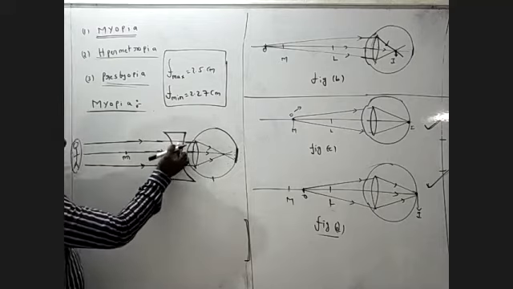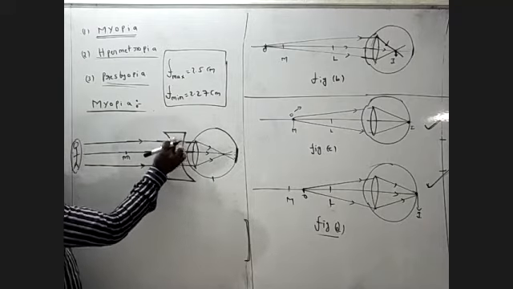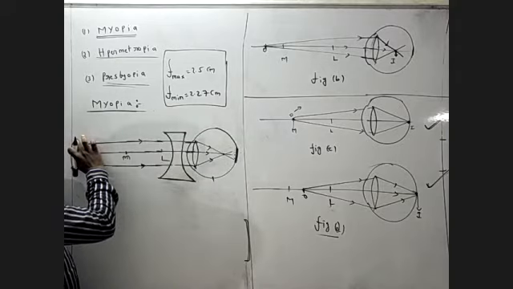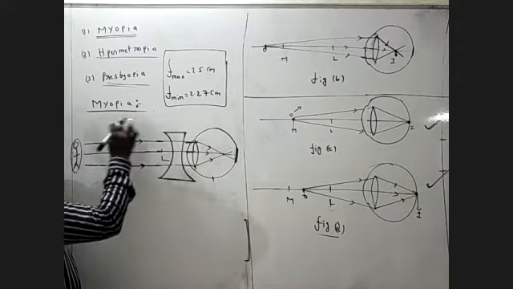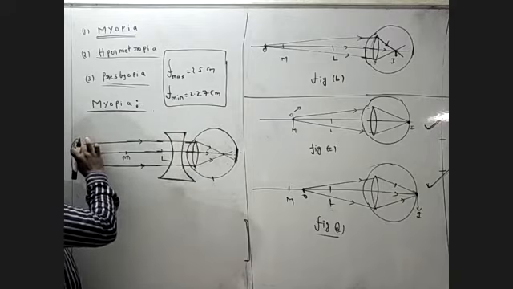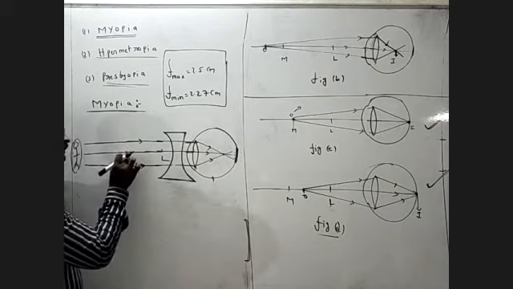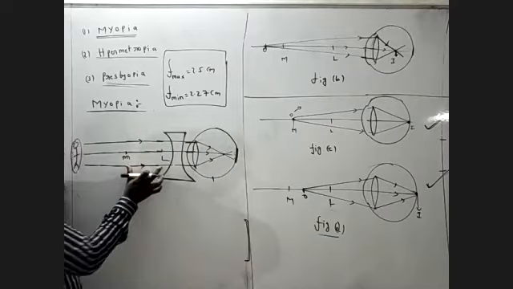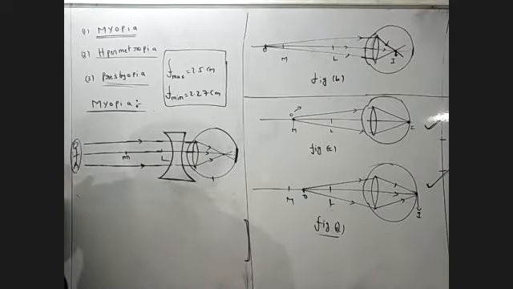This lens should bring the image of this object, and the image of the object should be placed on M, or between M and N. It's probably clear.